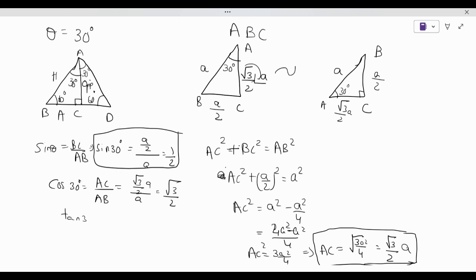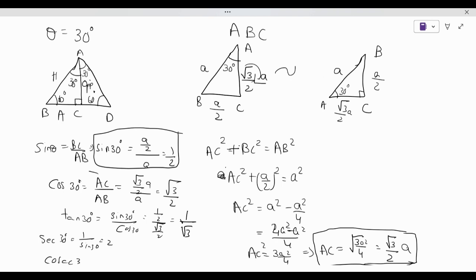Tan 30 degree equal to sine 30 by cos 30, which is equal to 1 by 2 by root 3 by 2, equal to 1 by root 3. Okay. And then sec 30 is equal to 1 by cos 30, equal to 2 by root 3. Cosec 30 is equal to 1 by sine 30, equal to 2.